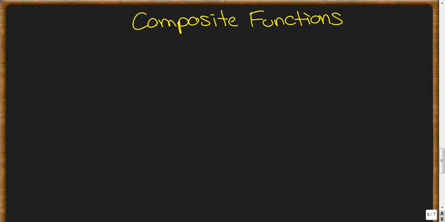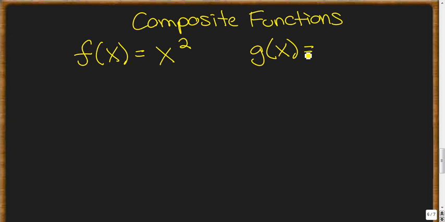So composite functions. If we have two functions, I'll do an example of this real quick. Let's say I have f of x, and I define f of x to be x squared. And then I have g of x, which I'm going to call the square root of x.